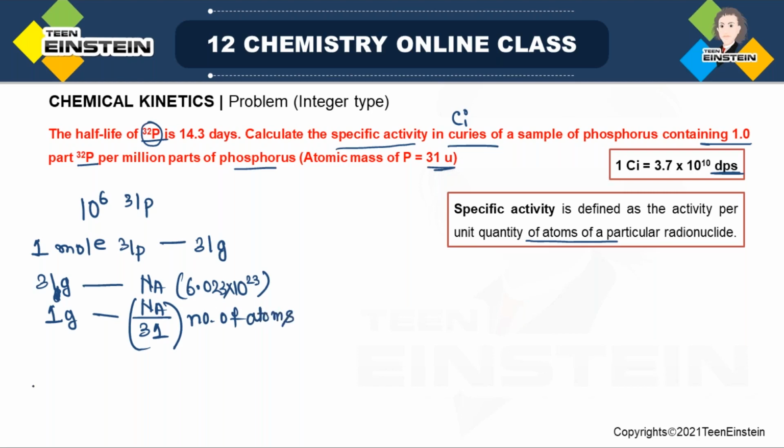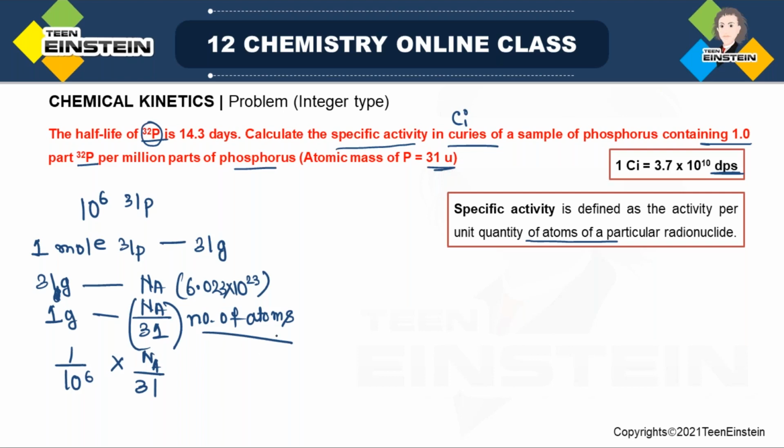Now, as it is mentioned that the amount of 32 phosphorus in 1 gram phosphorus is 1 part per million, from this we can write 1 divided by 10 to the power 6 multiplied by Na divided by 31. This is the number of atoms for which mass is 1 gram.